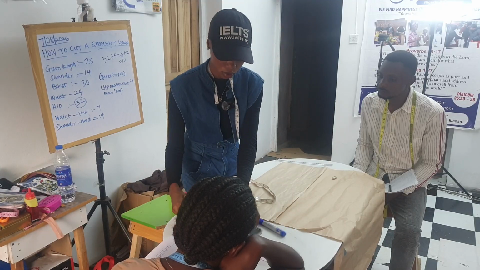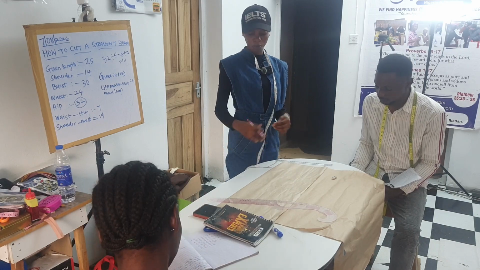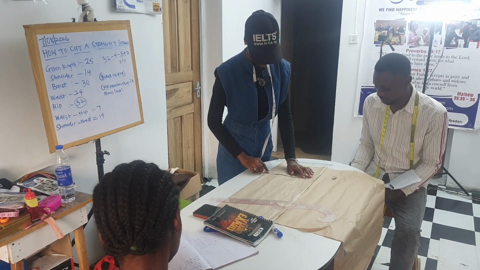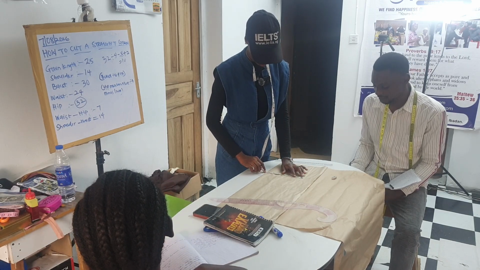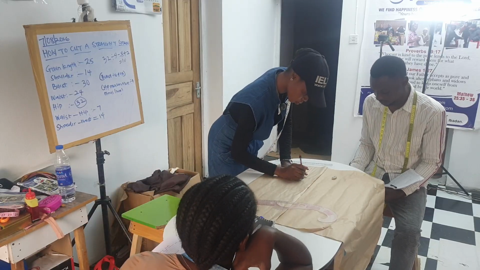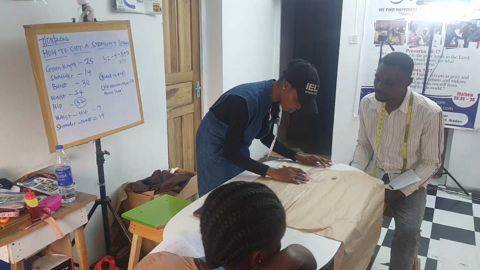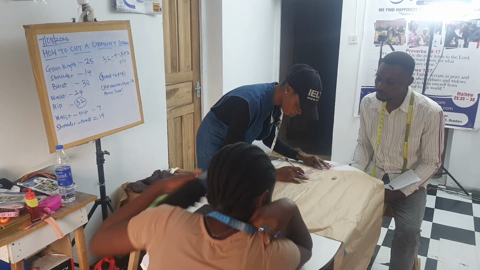We'll connect your bust. Our bust divided by 4 is what? 30 divided by 4.